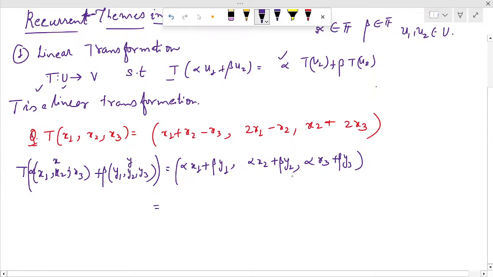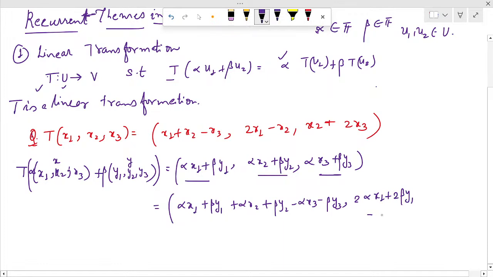Now I use this up: alpha x1 plus beta y1 plus alpha x2 plus beta y2 minus alpha x3 minus beta y3, comma, then 2 times alpha x1 plus 2 times beta y1 minus alpha x2 minus beta y2, comma, alpha x2 plus beta y2 plus 2 times alpha x3 plus 2 times beta y3. This is what it is.